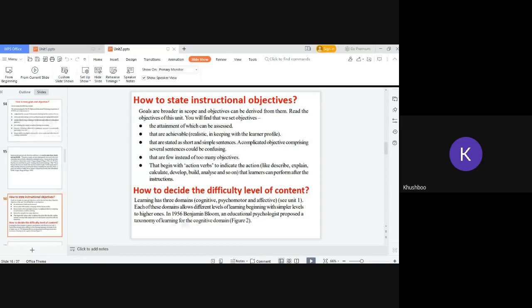Ma'am, may I ask a question? Yeah, always welcome. Ma'am, can you give an example differentiating between cognitivism and constructivism?